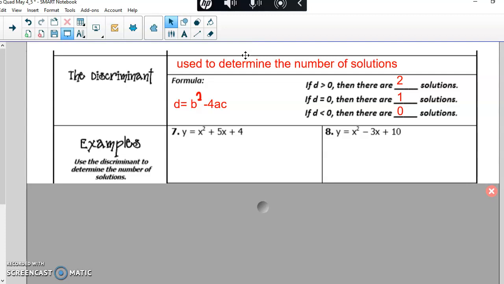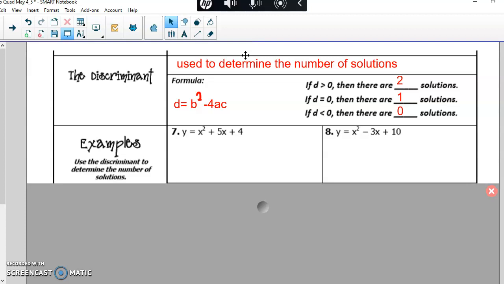Before we fill out the whole table and plug and chug all that information, we can use this discriminant, which is a formula, to help us determine how many solutions we're going to have. So we can draw a better sketch before we fill out the table, so we know how many solutions are in our graph.